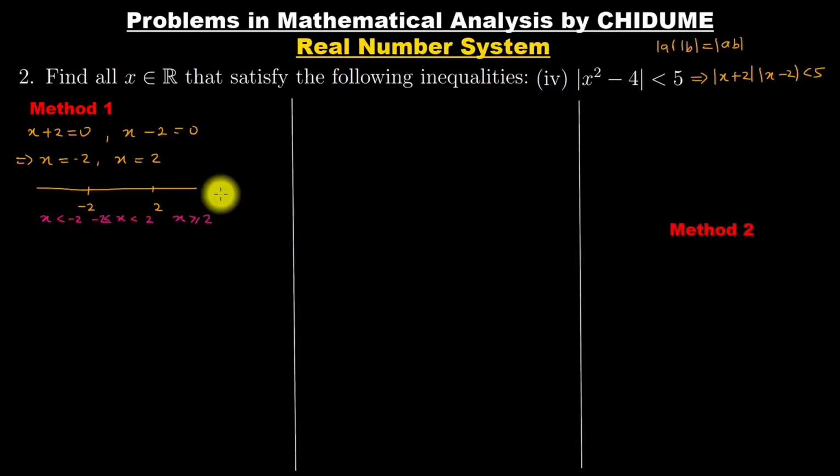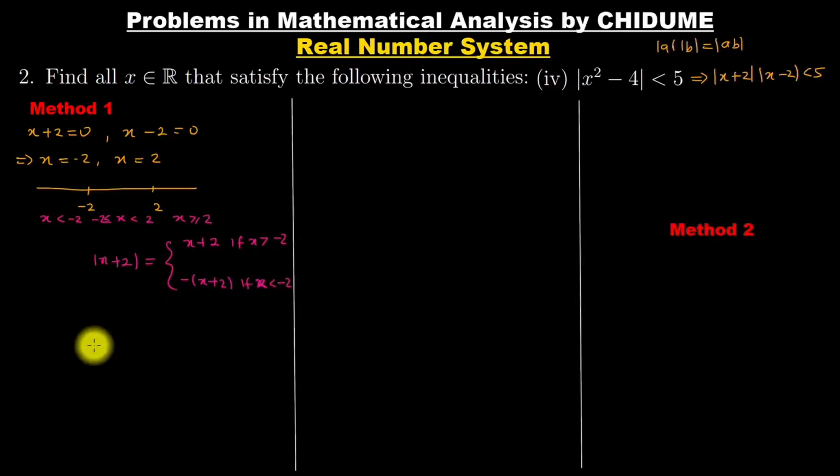Now our next thing is to define our absolute values. The absolute value of x plus 2 is going to be x plus 2, that's if x is greater than -2, and it's going to be negative of x plus 2, that's if x is less than -2.